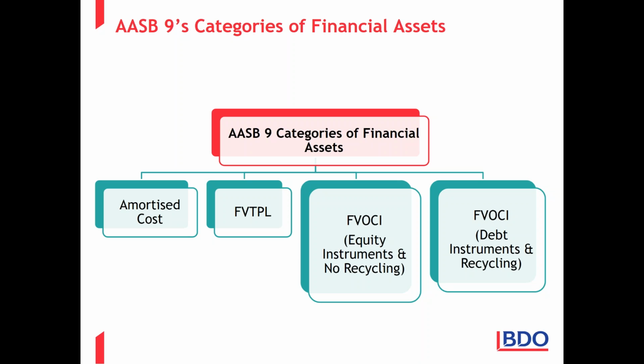And then the fourth instrument is fair value through OCI for debt instruments, and for debt instruments, recycling would be allowed. So we've got 4 different categories of financial assets. Currently we have 4, going forward we have 4, but it's different categories. And you can see we no longer have available for sale financial assets because the number created some issues and impairment created some issues.